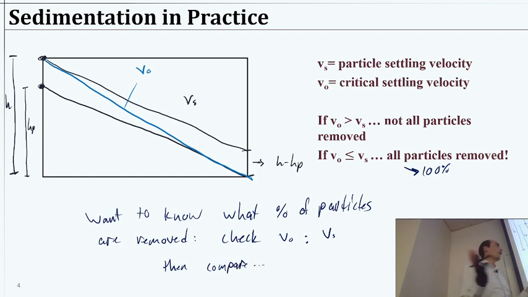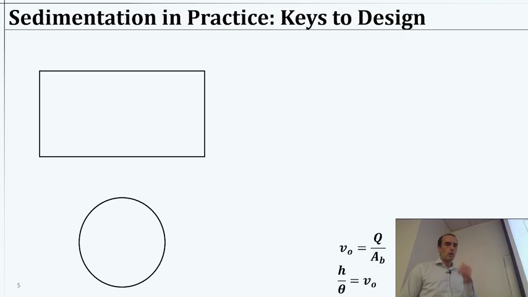So if we have 100%, great. If not, then we will say, okay, well, are we at least getting 70%? Maybe that's good enough for our treatment, and then we'll capture the rest in the next step. That would be useful information to have. Okay, we'll get to the proportions in a moment.